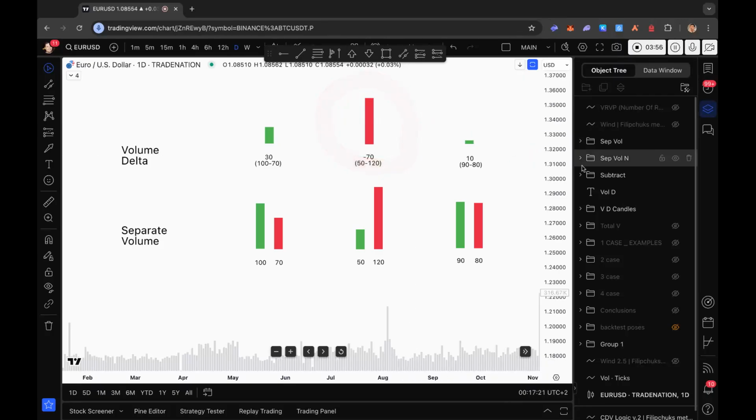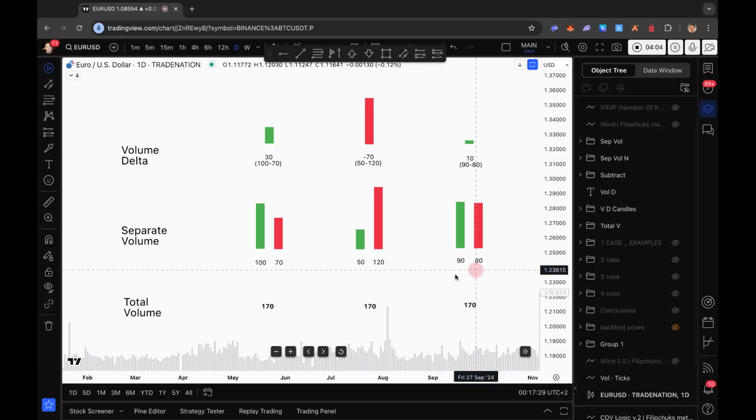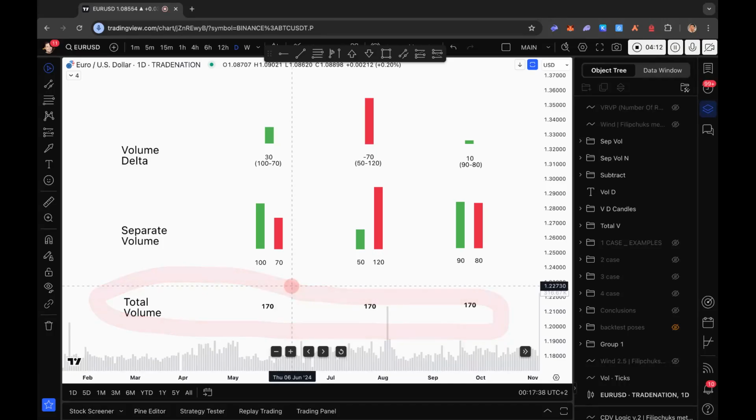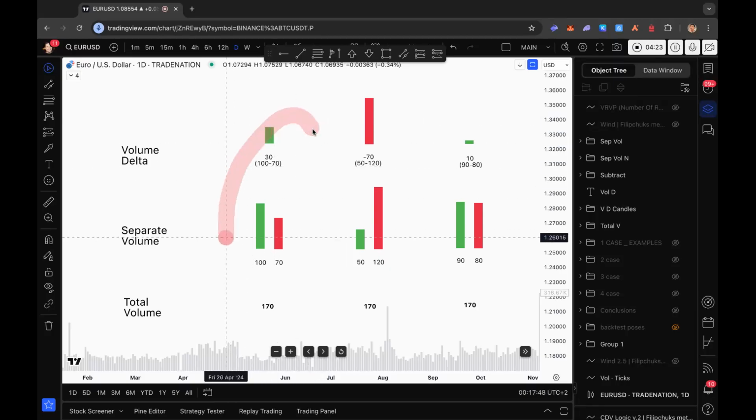And here I want to draw your attention to the fact that all these candles have the same total volume. In this example, it is 170. But just look at how different the actual market environment and the balance of buyers and sellers are in each of them.